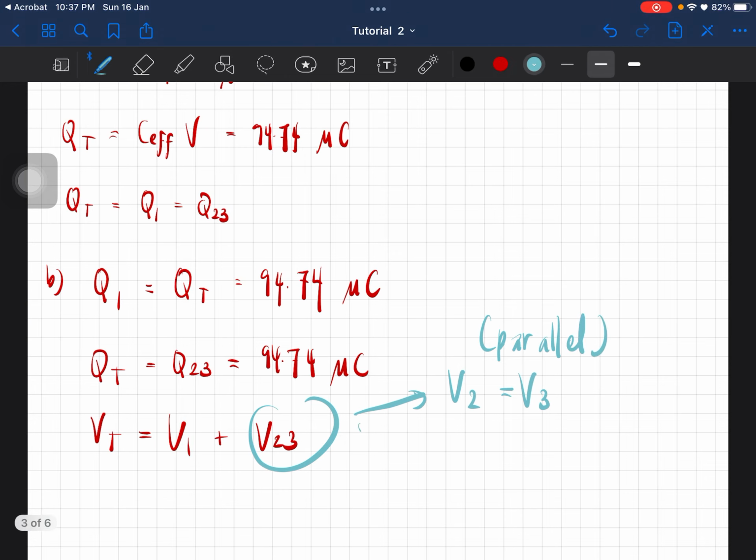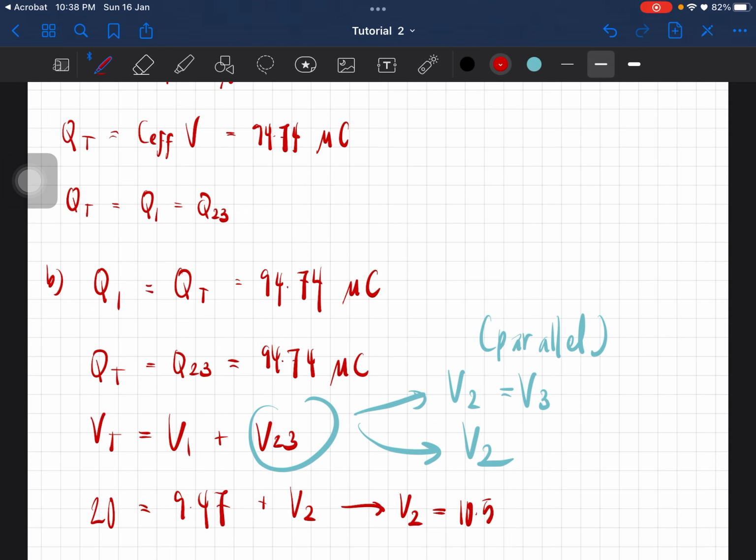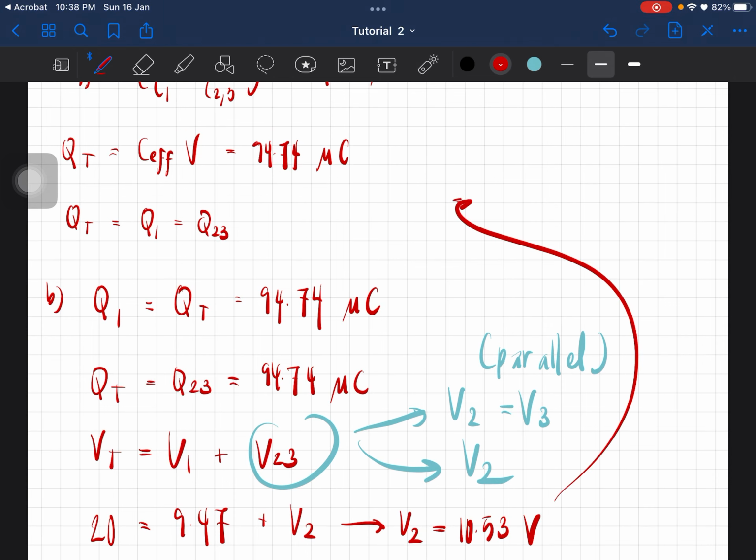Okay, so we can just let this equal V2. So this is 20, V1 is what we obtained just now, which is 9.47, plus V2. So you should get V2 equal to 10.53 volt. Okay, so from here we can calculate Q2 using C2 V2, which gives 52.6 microcoulomb.